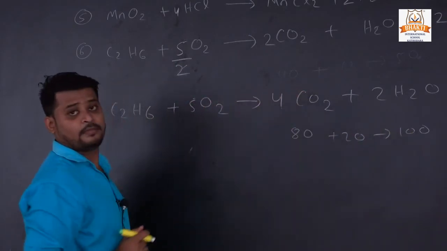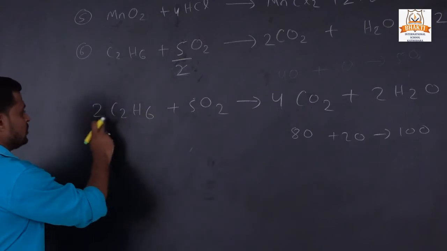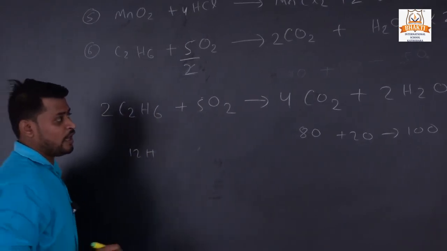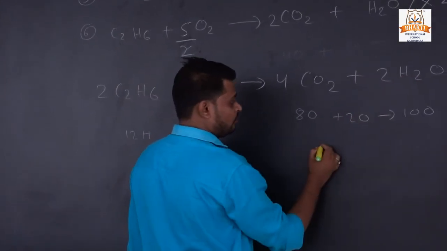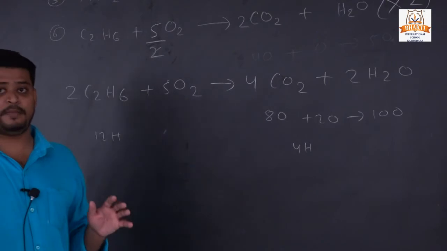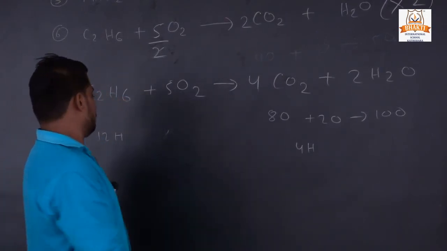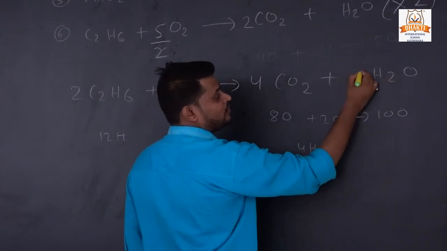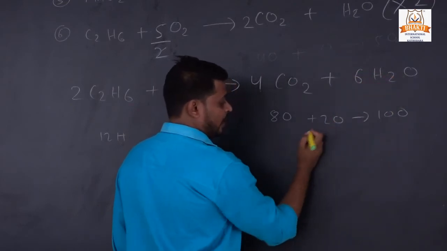Now the next step, hydrogen. Hydrogen 6 twos are 12 hydrogen and here 2 twos are 4 hydrogen. Hydrogen is unbalanced: here 12 and here 4. So we will multiply 2 with 6, 6 twos are 12. Then hydrogen is balanced.